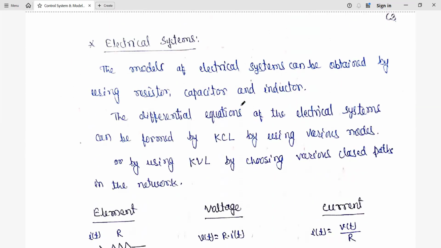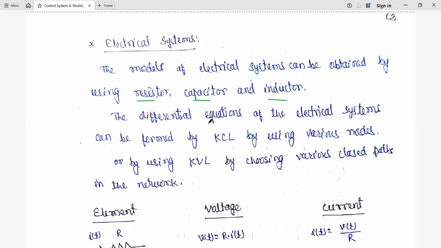Next, we have the electrical system, or we can also call it a model of the electrical system. You know that it is designed with the help of passive components. We have resistor, capacitor, and inductors. And here we are going to talk about current, voltage, all these things.